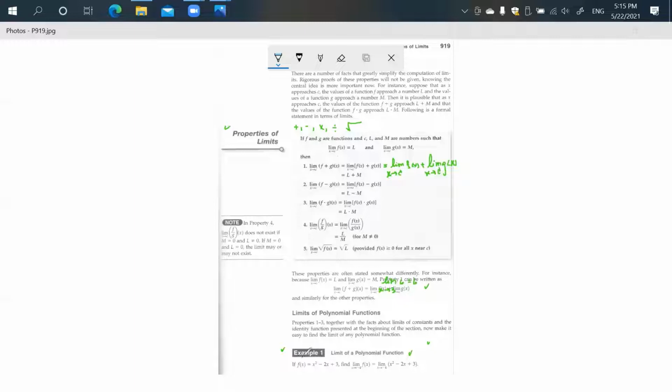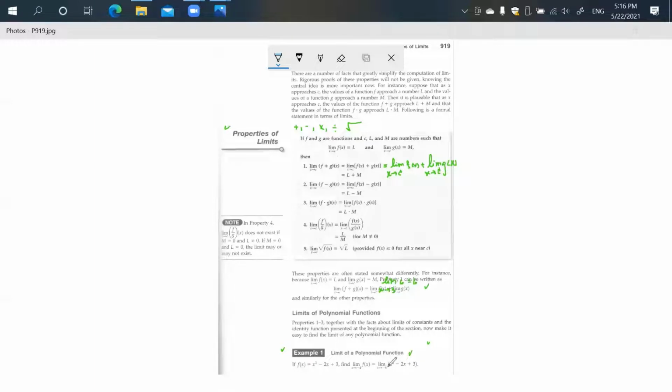Can you see example 1 here? If f of x equals x squared minus 2x plus 3, then find the limit of f of x when x approaches negative 4, which equals the limit of x squared minus 2x plus 3 when x approaches negative 4.